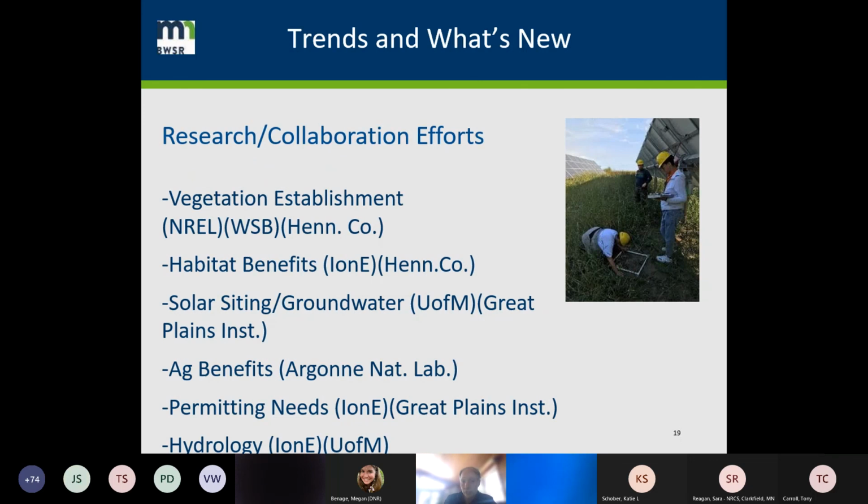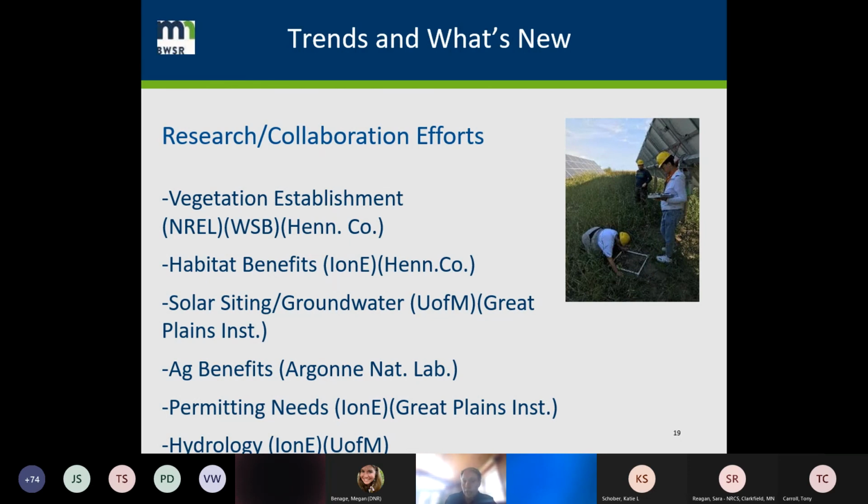There is quite a bit of research happening around these solar projects. There are different groups that are researching vegetation establishment and the habitat benefits of sites. There have been efforts to look at solar siting. Groundwater has been an emphasis by the University of Minnesota, looking at how solar projects could be sited to have the greatest benefit for groundwater quality.